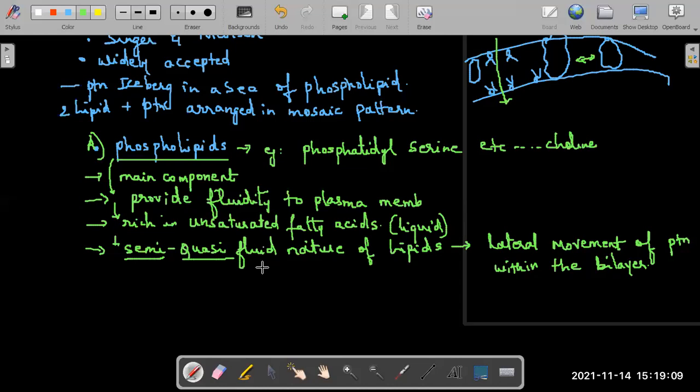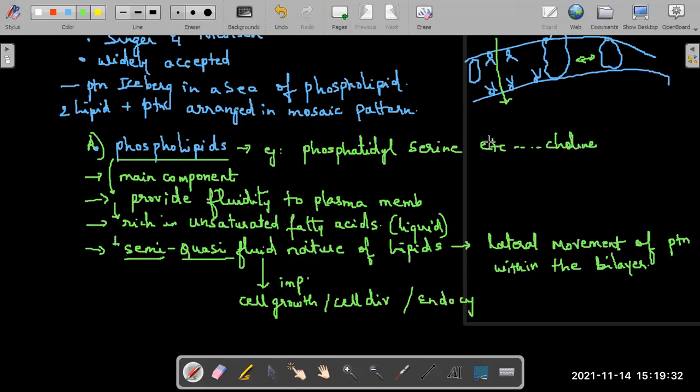Now, this fluidic nature of lipids is important because it helps in cell growth and cell division. They also help in endocytosis.